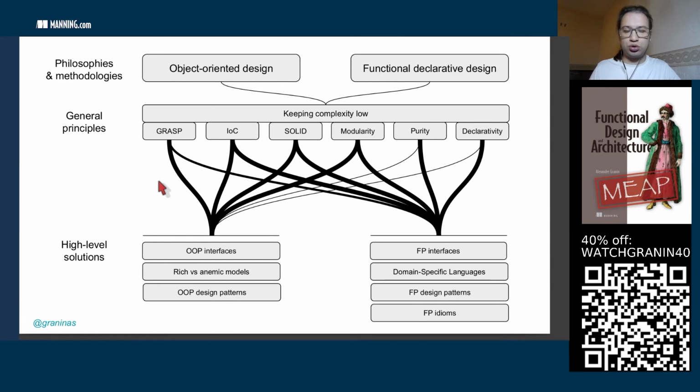It can be and should be applied in FP, and moreover, I think IoC is embedded naturally into FP, because we do this all the time when we use first order and higher order functions.